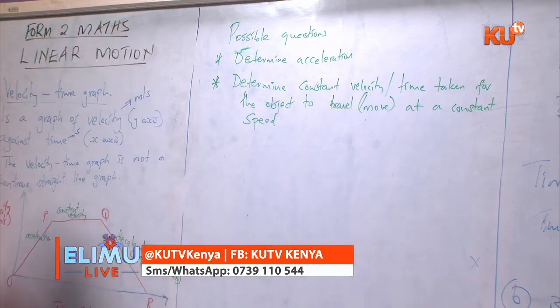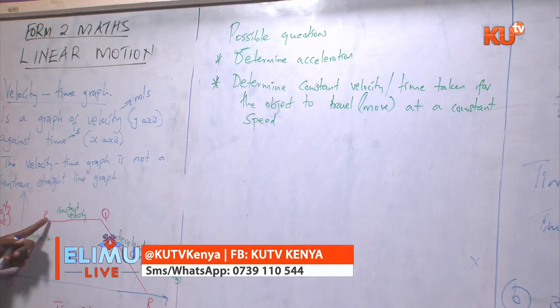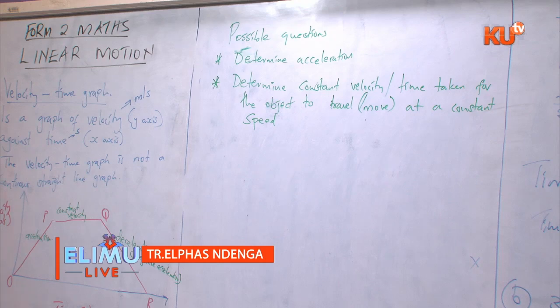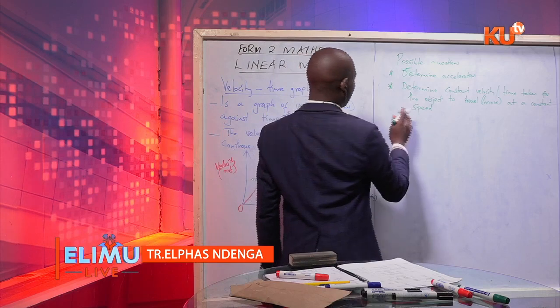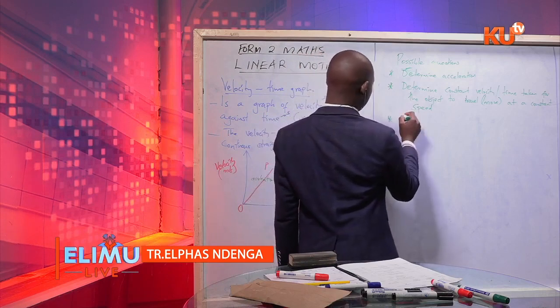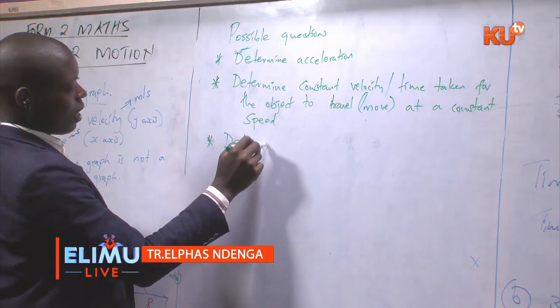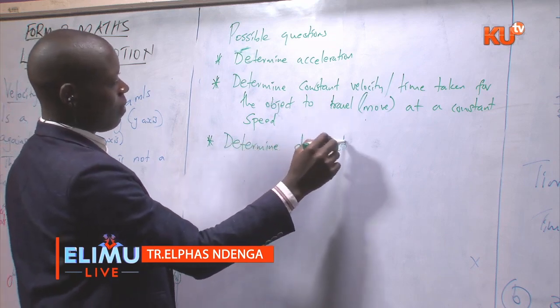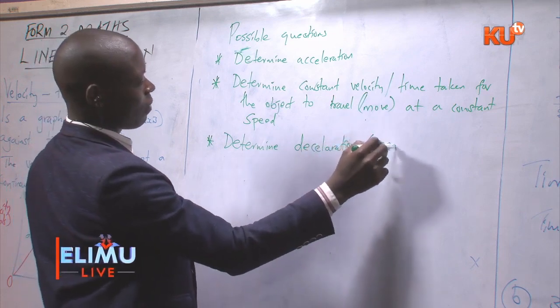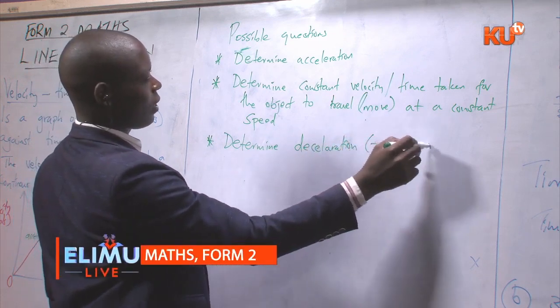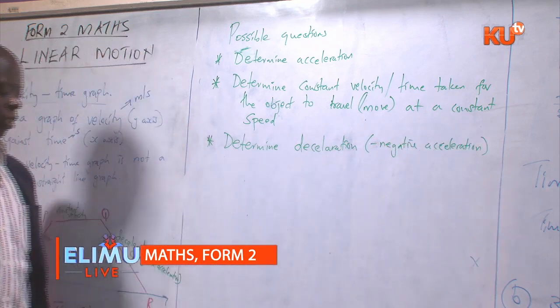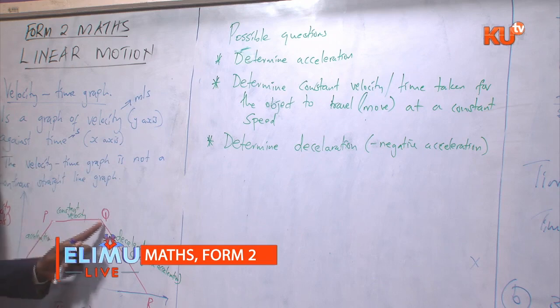That is another area the examiner might ask: what was the constant velocity, or how long did it take for the object to travel at a constant speed? And then lastly, they may ask you to determine the deceleration, or the negative acceleration, or you may be asked to account for why this is negative.